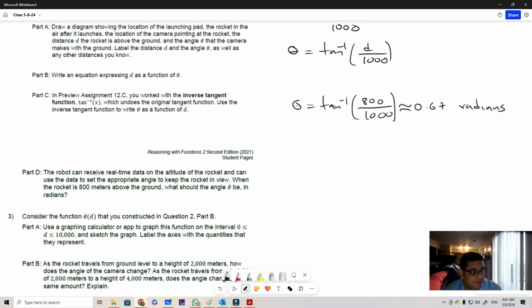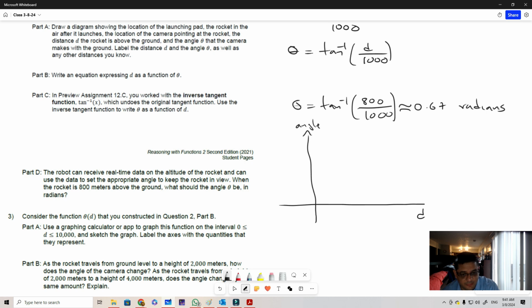Now the problem with this is that it's not something that is very easy to see, and we've got to create a labeling where we're inputting the distance, and what we get is the angle.